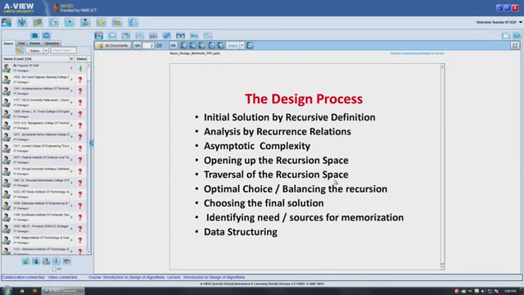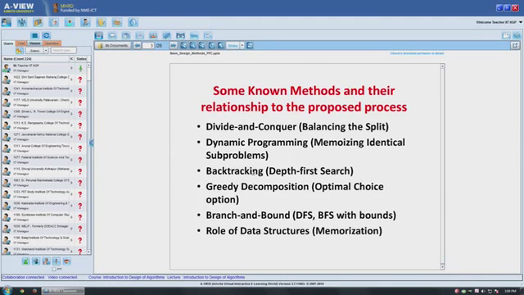From the opening up, you will know whether to do it by recursion or iteration, and once you optimize it, then memoization is one thing, and then if it is an optimization problem, then pruning conditions will come, and the same process when applied, you will be able to see that almost all of them can be derived from the same process. So, this is the approach.